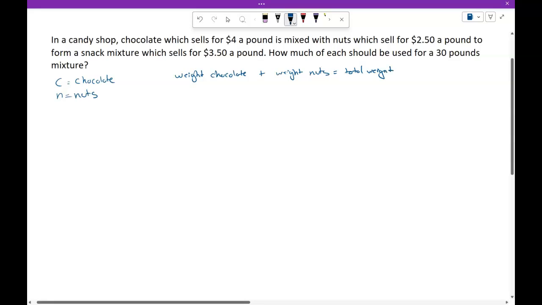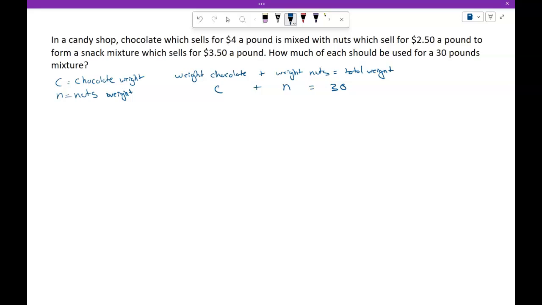Well, we don't know how much chocolate we have. That's what we have to solve for: the chocolate weight, how many pounds, and the nuts weight, how many pounds. And so we're just looking at a simple addition, just like before, to equal the 30-pound total that we need. Now, the other thing that we have to look at and consider is how much they cost.